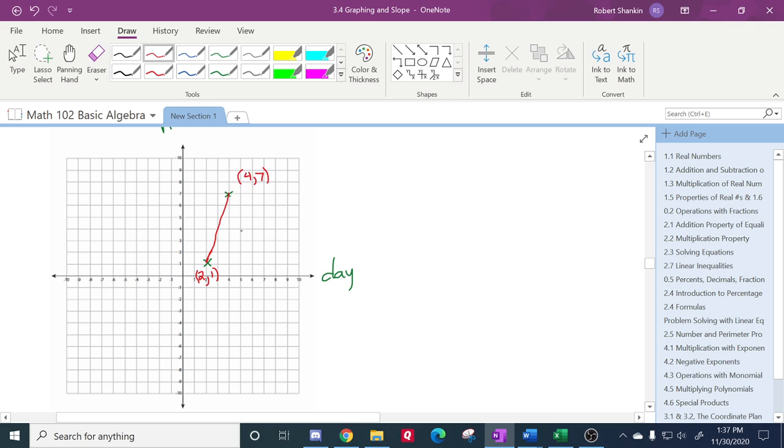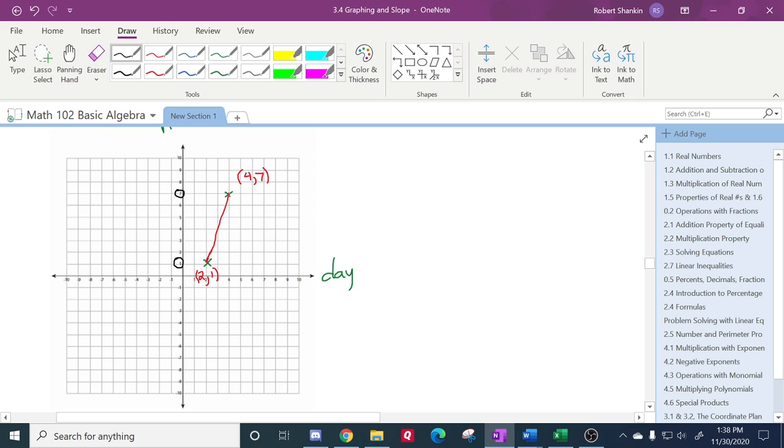Oh, and you're mentioning the rise. Okay, so how much did it rise? Let's see, it started at 2, 1, so it started at this height, and it finished at this height. Oh, you mean total? Total rise, yeah. 6.